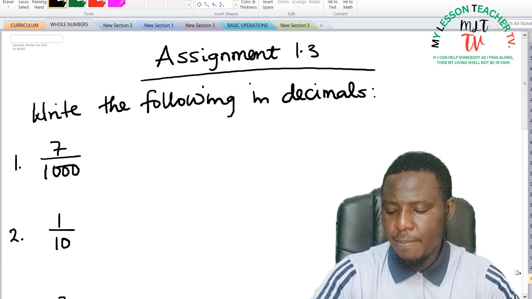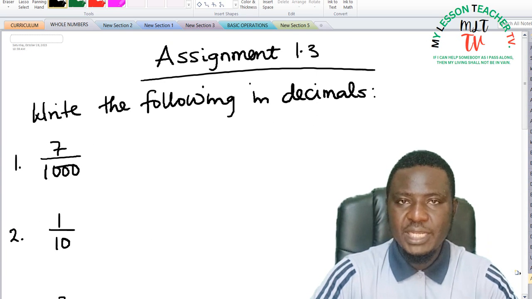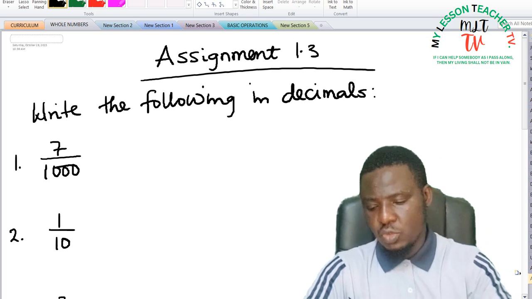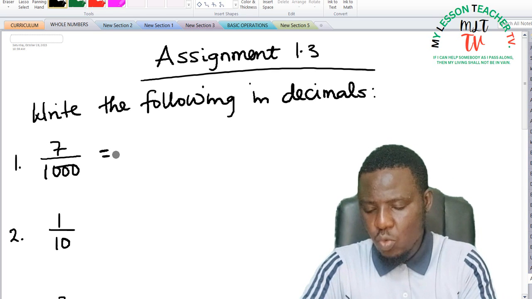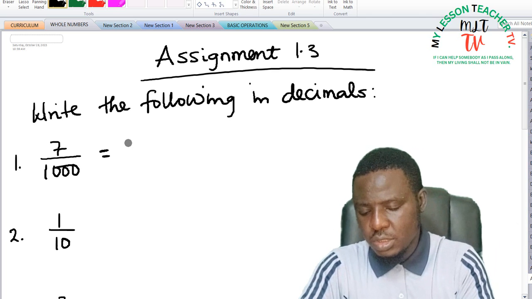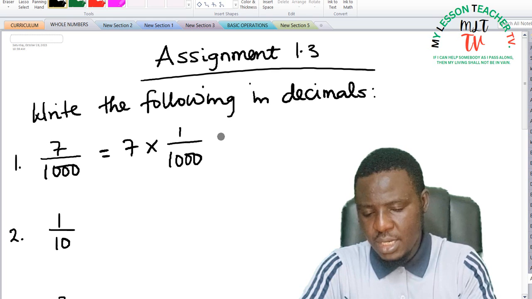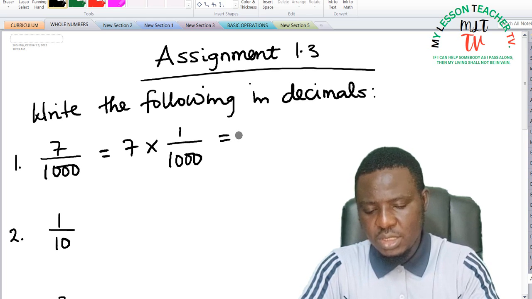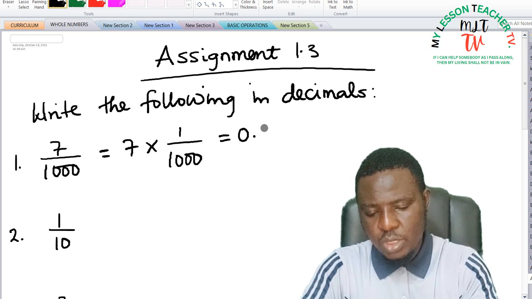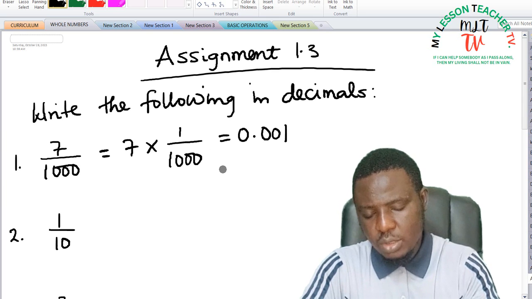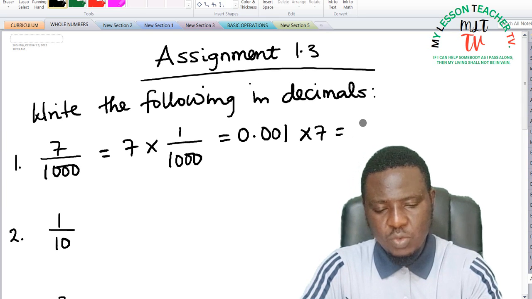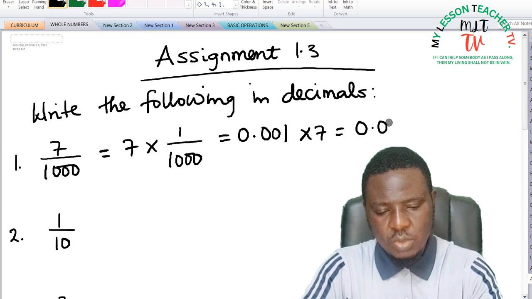In assignment 1.3, we are asked to write the following in decimals. So in decimals, this is equal to 7 times 1 divided by 1,000, and 1 divided by 1,000 is said to be 0.001 times 7, which is equal to 0.007.